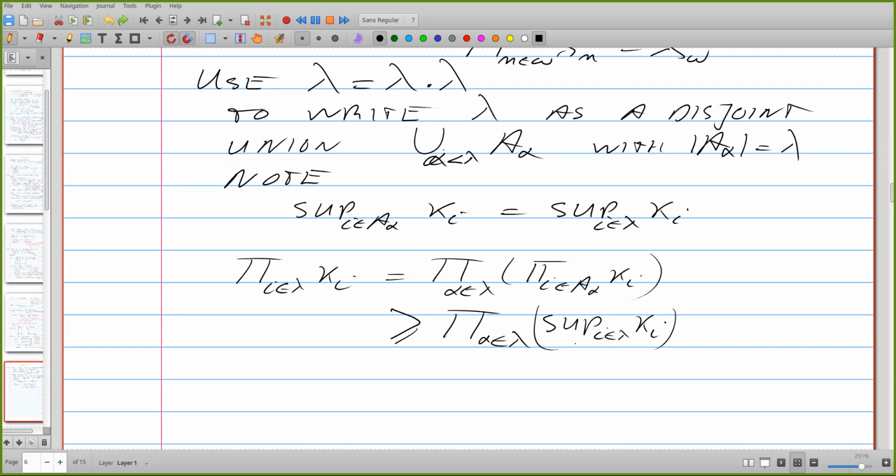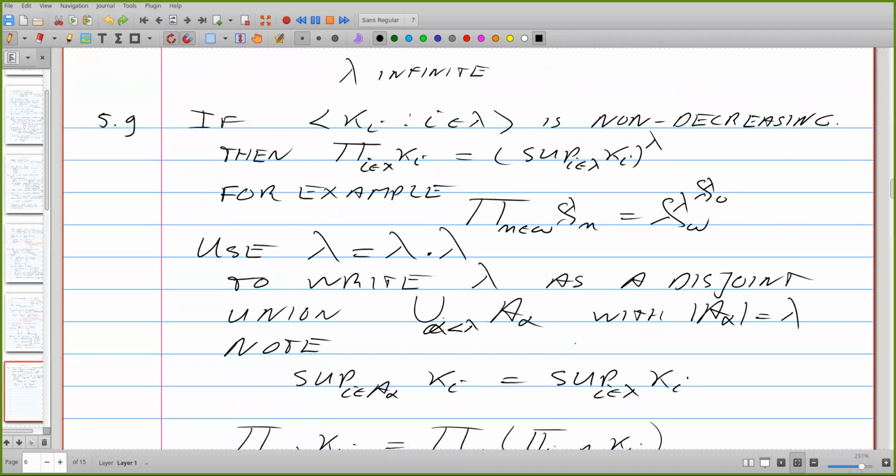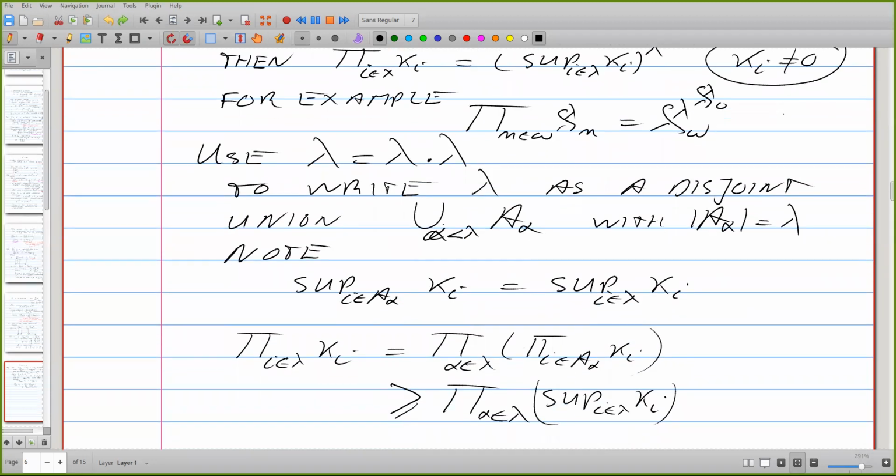The kappa i's are non-decreasing, and the kappa i's are non-zero, because otherwise the product becomes zero and we don't have anything.